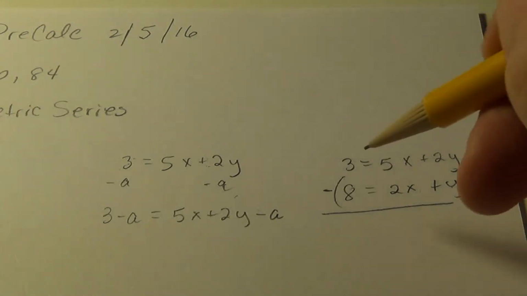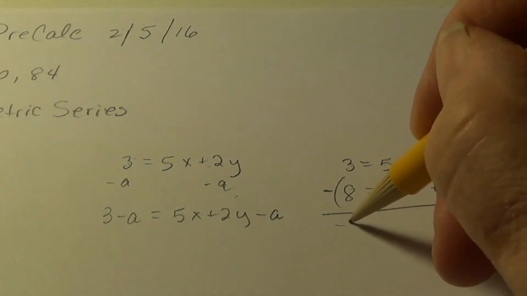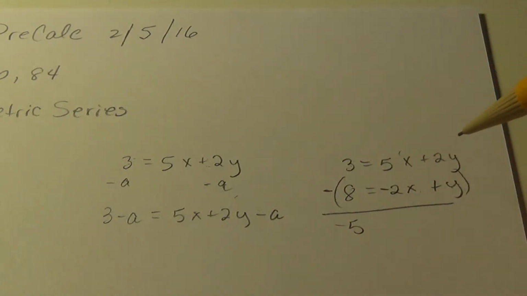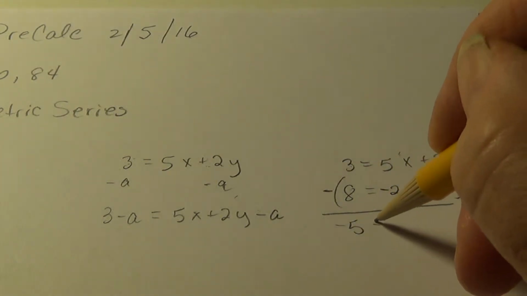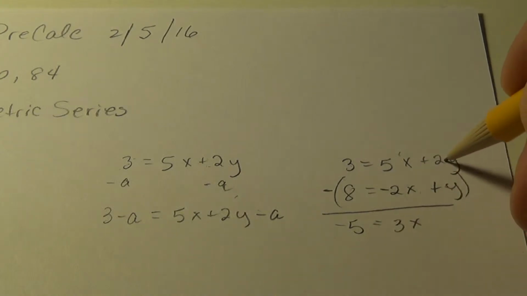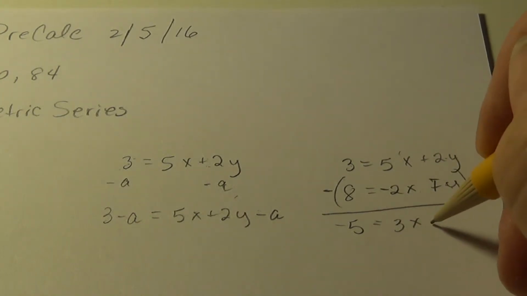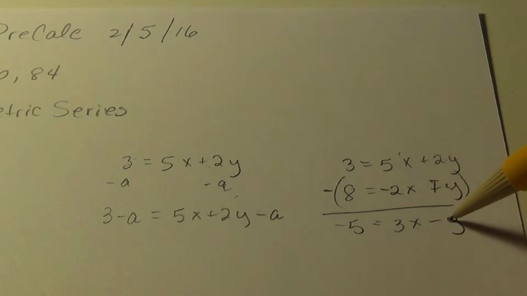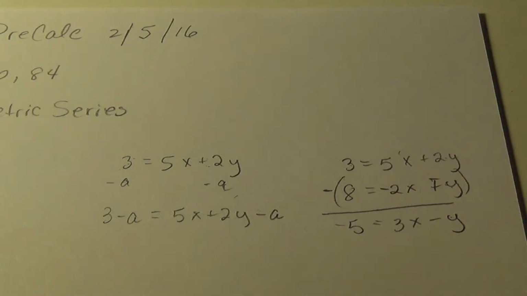So let me see how that looks. 3 minus 8, and I'm subtracting a 2x from a 5x, which is a 3x, and a y from a 2y, and it gives me a y. So this statement is just as true as the two before it.